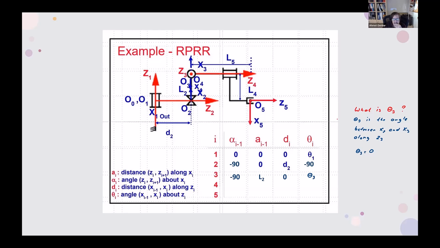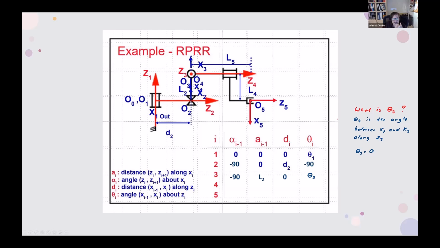So A is the distance between, here it's A2, the distance between Z2 and Z3.